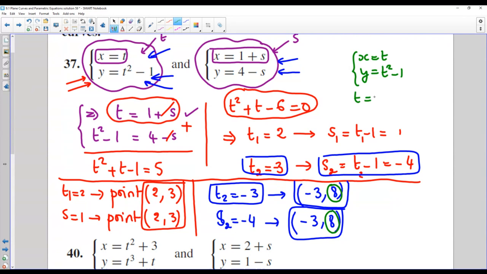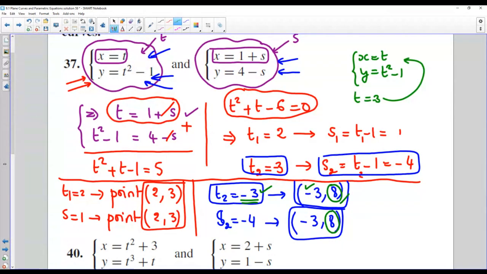So if t is minus 3, substitute here, what will you get? X equals minus 3, and y will be minus 3 squared, which is 9, minus the 1, which gives you 8. So it's going to be the point minus 3, 8.